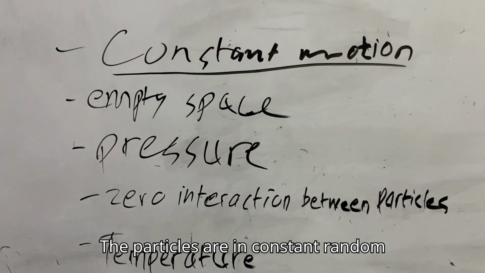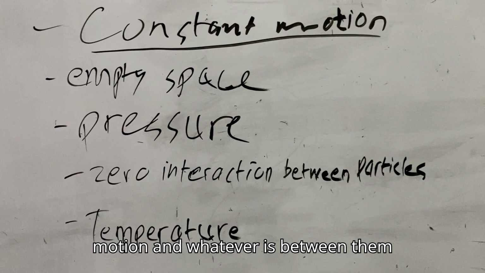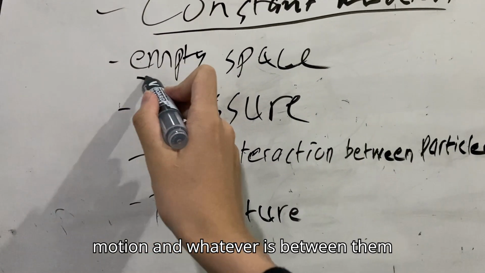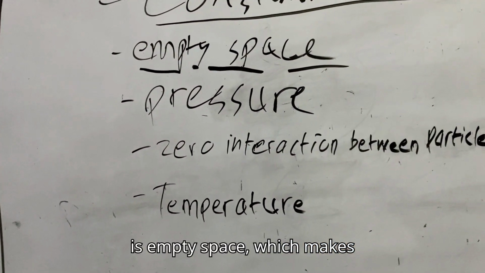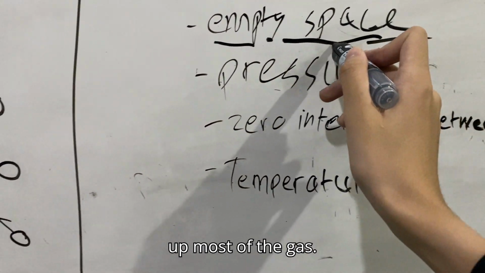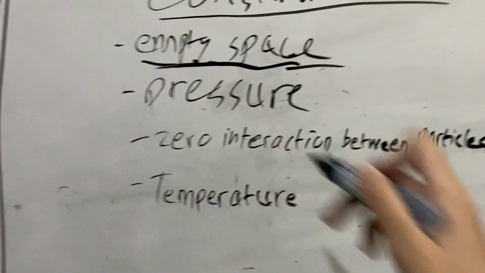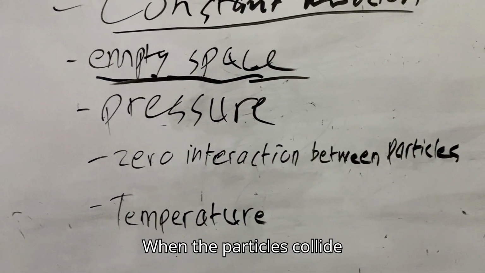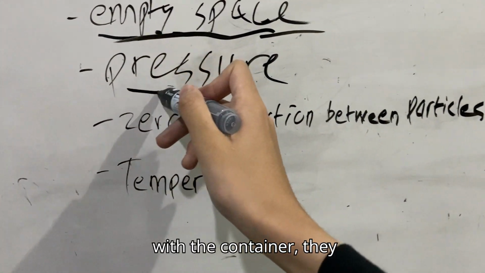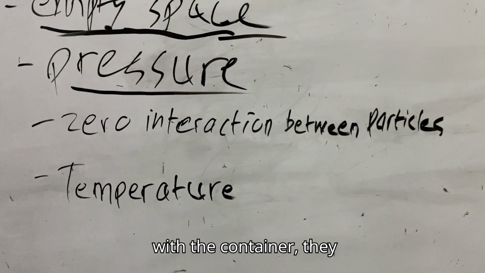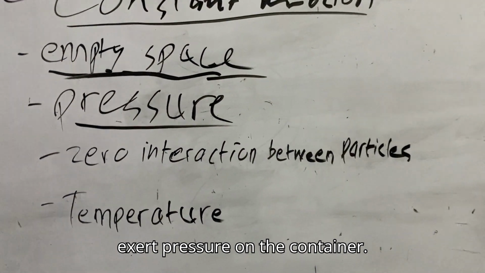The particles are in constant random motion, and what separates them is empty space, which makes up most of the gas. When the particles collide with the container, they exert pressure on the container.